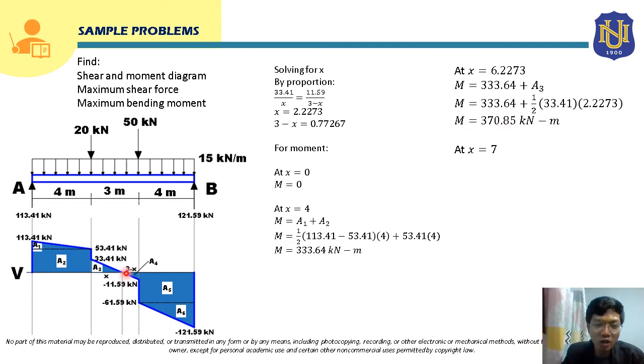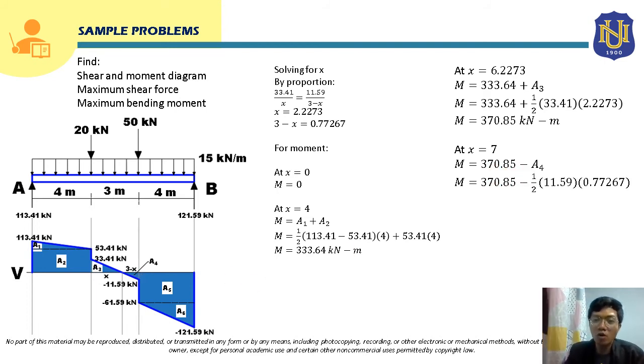And then we are going to sum up this area. So this area, class, is area 4. This is a triangle, so this will just be 1/2 base times height, wherein its height is 11.59 and this base is 3 minus x, that is 0.77267. So the moment, therefore, at x equal to 7 will be 370.85 minus area 4.